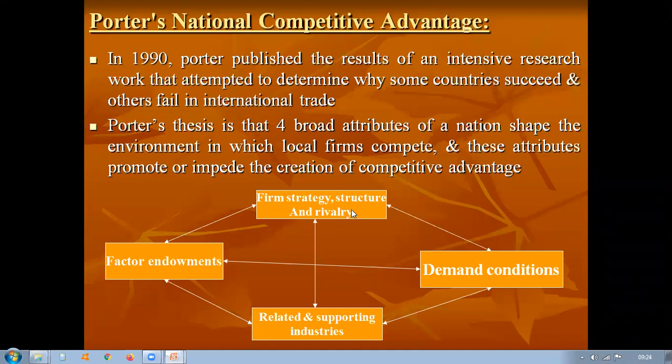internationally. Then the other factor that determines the competitive advantage of the firm is firm strategy, structure and rivalry. How the systems and activities have been structured within the organization. What strategies the company has adopted to take on global business.